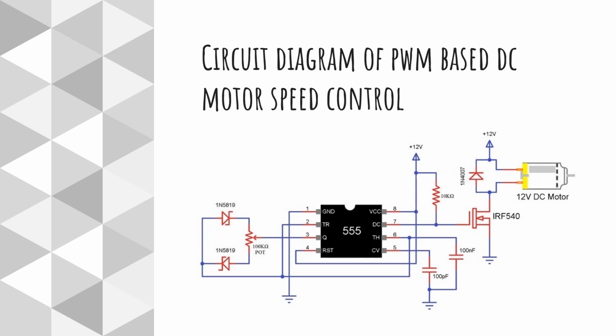The gate terminal of the MOSFET is connected to pin number 7 of 555 IC. The motor is connected between plus 12 volt supply and drain of MOSFET, while the source of MOSFET is connected to ground. A PN junction diode is connected across the motor terminals to prevent the back EMF.